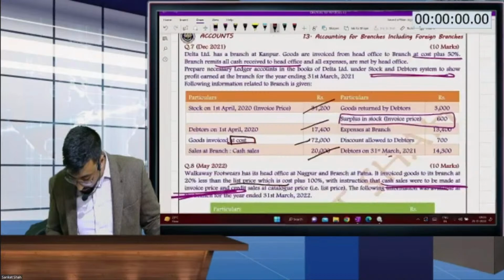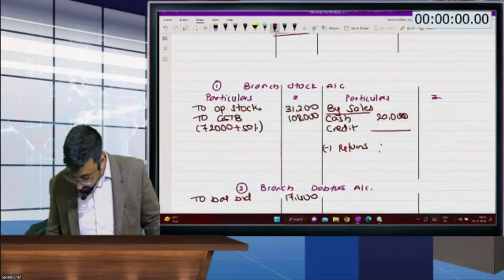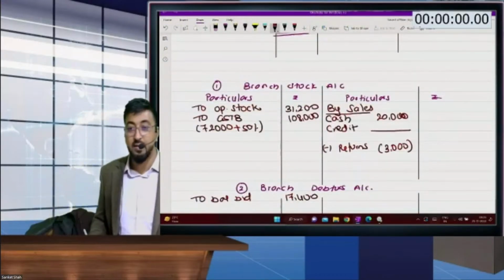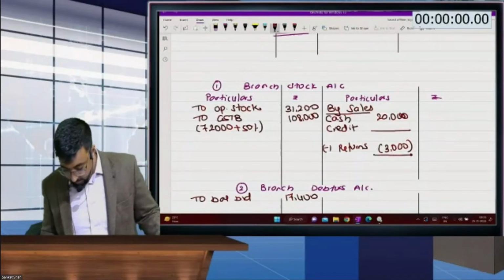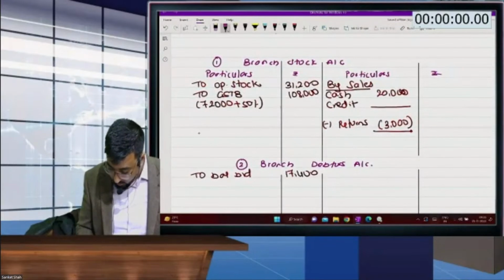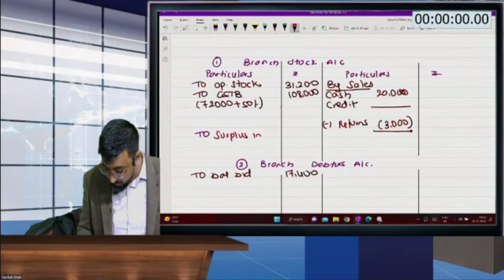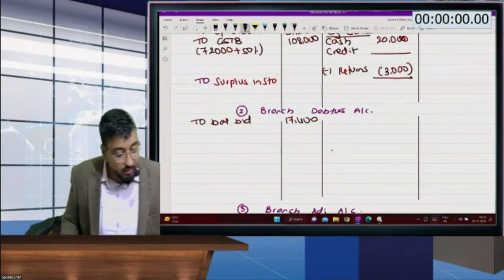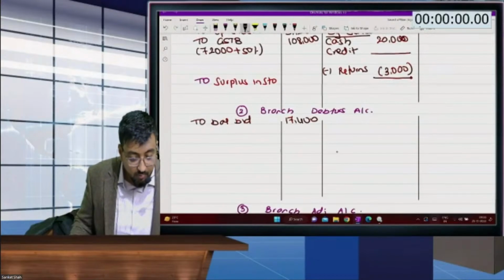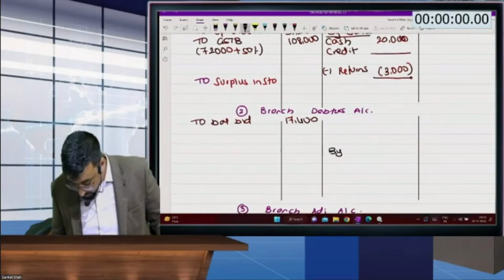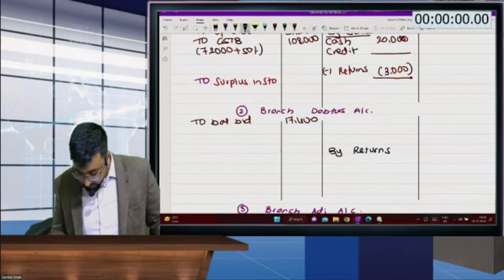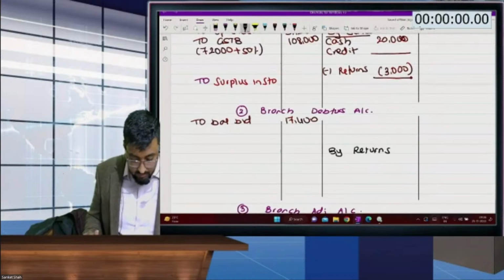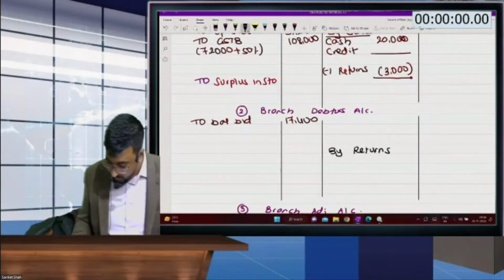Credit sales we are not aware of. Less returns 3,000. Okay. Now red pen, to surplus in stock. Achha, I will write the returns here, one effect was left. By returns, how much, beta? By returns 3,000.